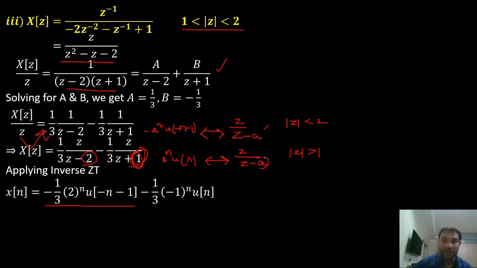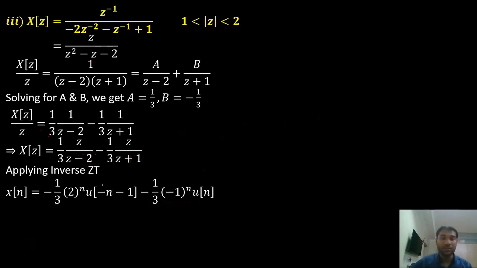In this case, a is minus 1, so minus 1 whole power n into u of n. That is how I'll get the inverse Z transform for a two-sided signal. For whichever part is causal, I'll apply this function, and for whichever part is anti-causal, I'll apply the other function. That is how we calculate inverse Z transforms using the partial fractions method.